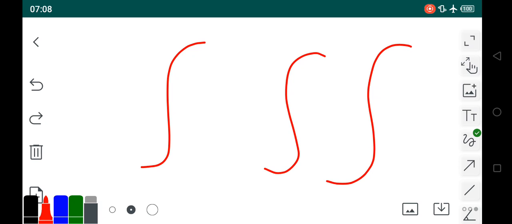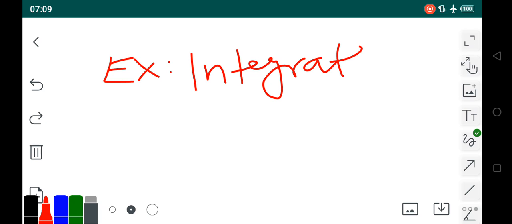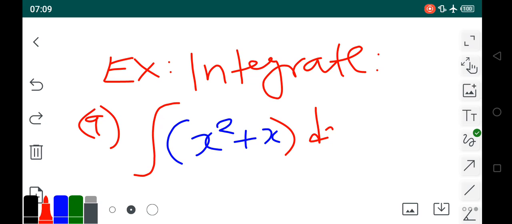But again, what does indefinite integration look like? For instance, if I have an example question that says integrate, we have this symbol, and then let's say something simple, just x squared plus x, and then dx.